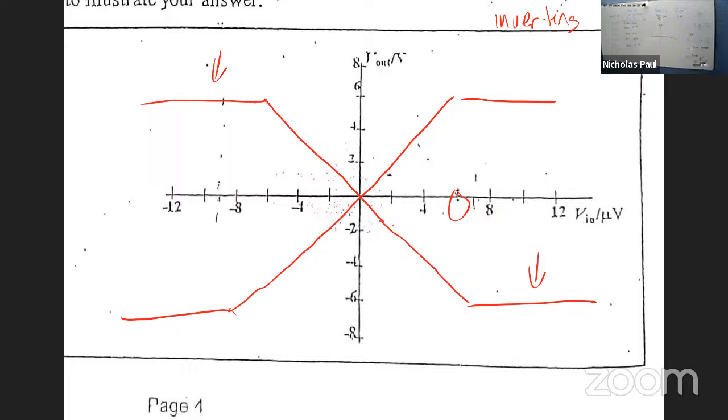Saturation is the horizontal bar. Yeah, that's the inverting one: negative input giving a positive output. That's what the inverting one looks like.